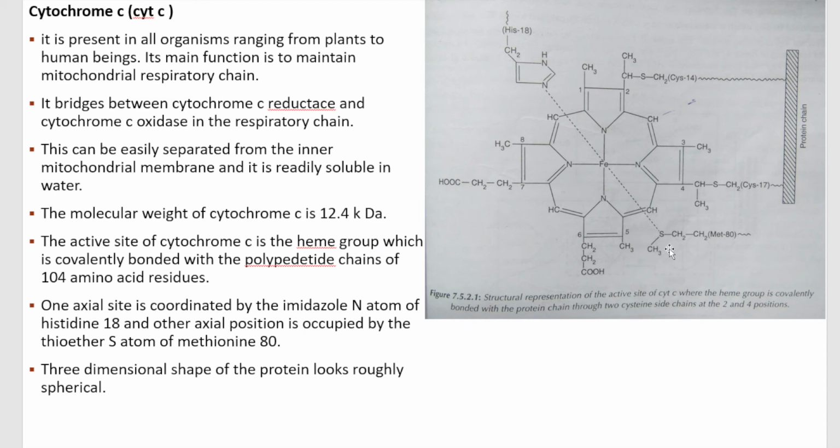The sulfur atom in methionine 80 in the axial position satisfies the sixth coordination. In three-dimensional structure, this is just like on paper, but when you see it in three dimensions, this protein, cytochrome C, looks approximately spherical.